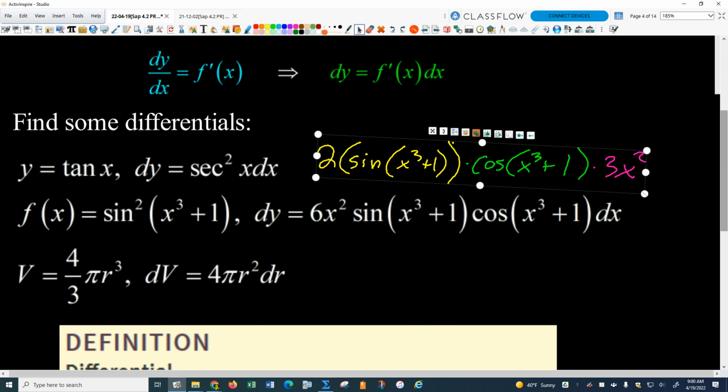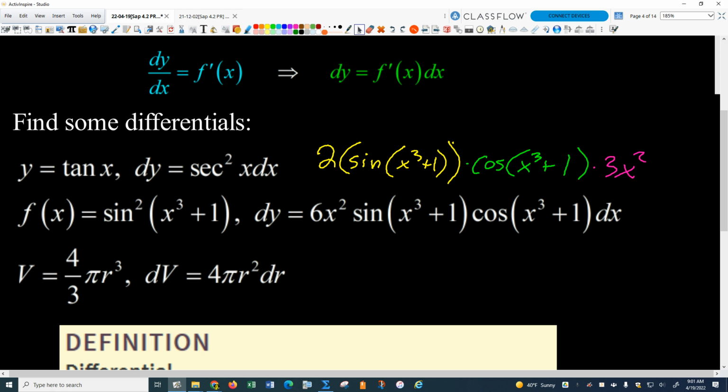And then finally, the derivative of what's inside, x cubed plus 1, is just 3x squared, right? So if I combine some stuff here, I could take the 3x squared and move it out front with the 2 and get a 6x squared. I've got my sine of this x cubed plus 1, cosine of that same thing. All I got to do if I want to find the differential is multiply the darn thing by dx and I'm done, okay?